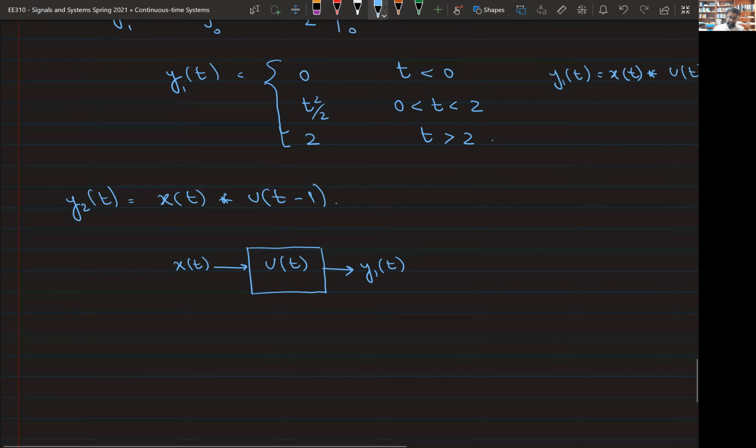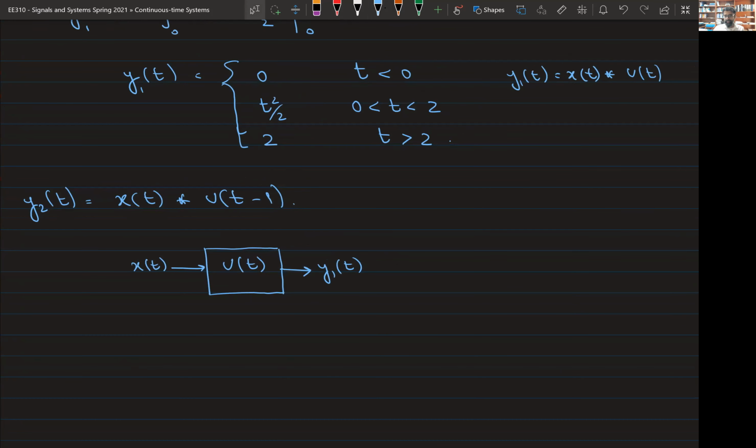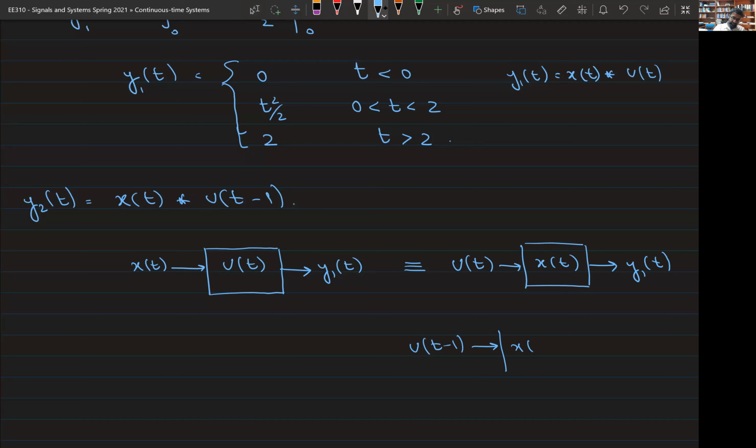Right. So here's the explanation. If x of t is an input to an LTI system which has an impulse response equal to u of t, and that results in output y1 of t, I know from commutativity that this is equal to saying that if x of t was the impulse response and u of t the input of the LTI system, then my output would be y1 of t. But if my input is u of t minus 1, since the system is LTI, and it had the same impulse response x of t, my output should be y1 of t minus 1.